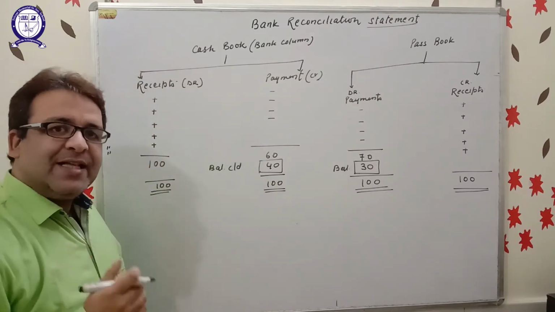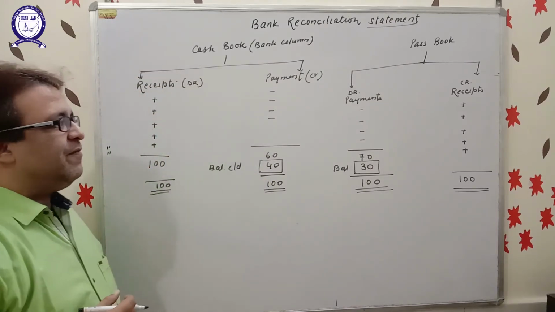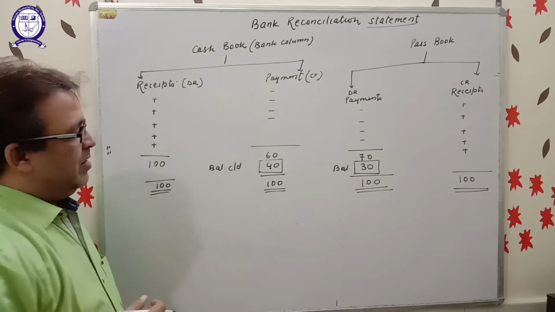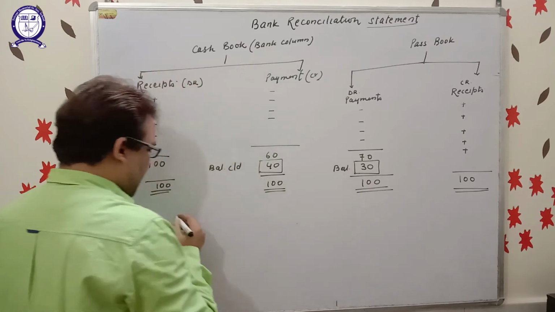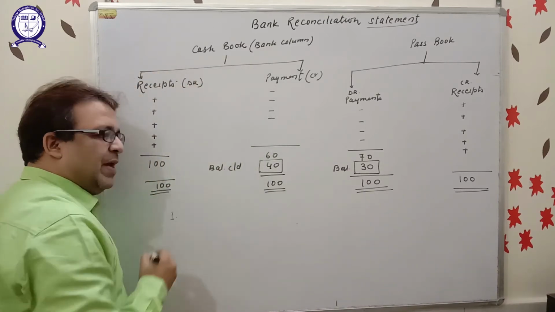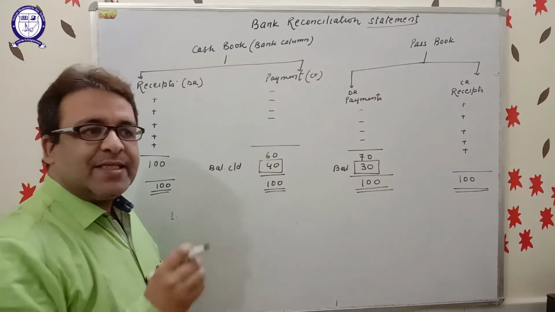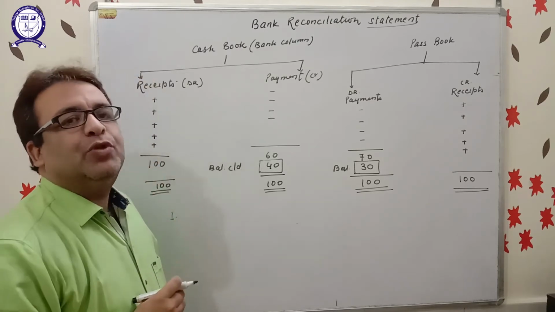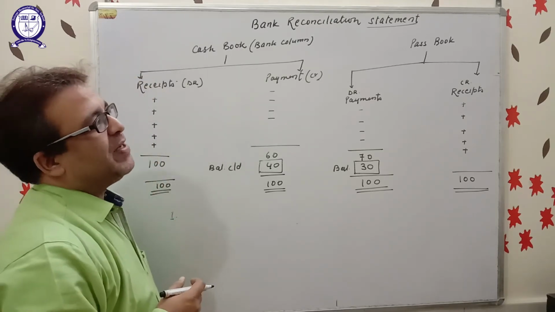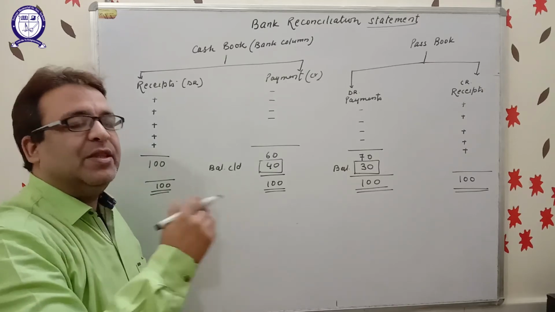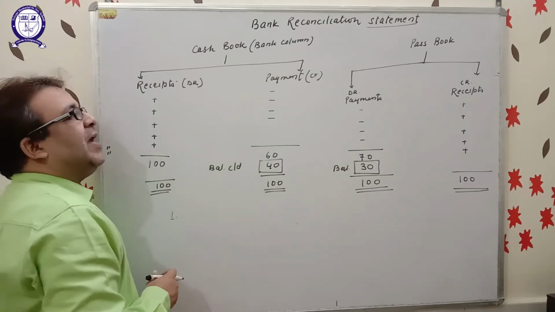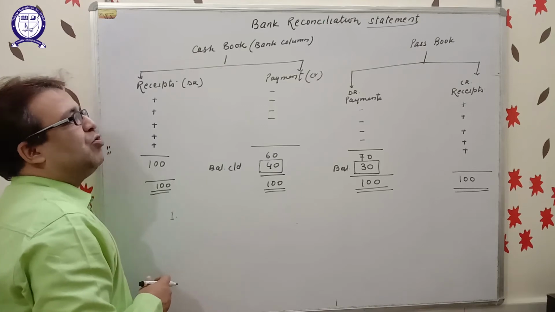Now let us understand the different reasons for the difference in cash book and passbook balance. Number one, checks issued to the creditors but not presented to the bank till the end of the month. Suppose we have made some payment to our creditor.